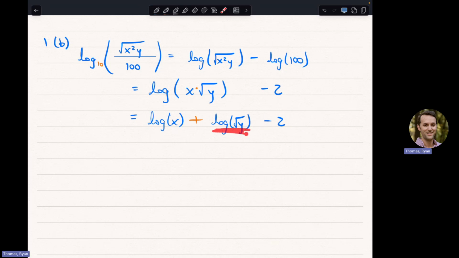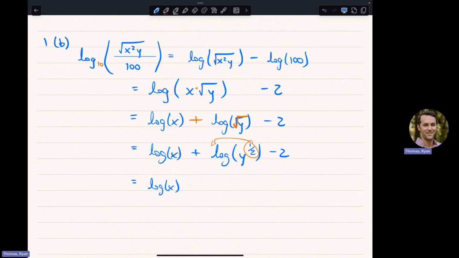But the log of the square root of y, a square root is the same thing as raising that to the 1/2 power. So you can use the power rule to bring that out. Log of x, plus 1/2 times the log of y, minus 2. That would be this thing fully simplified.